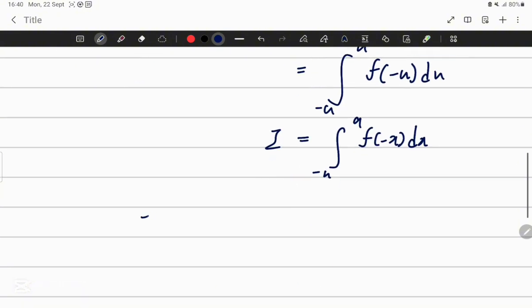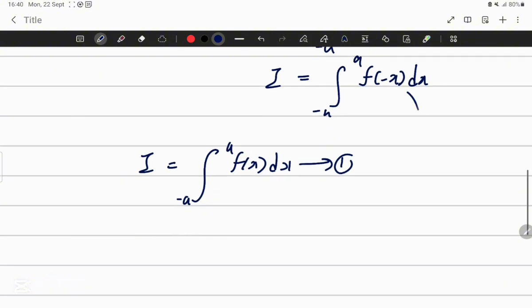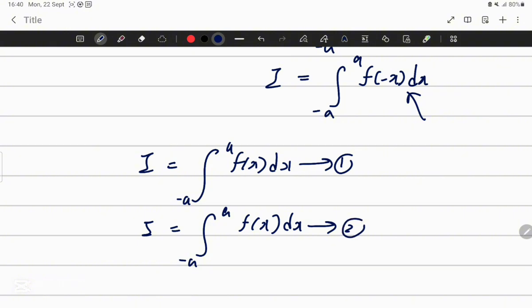Now I have I equals the integral from -a to a of f(x) dx, which is equation 1, and this is also I, which is I equals the integral from -a to a of f(x) dx, which is equation number 2.